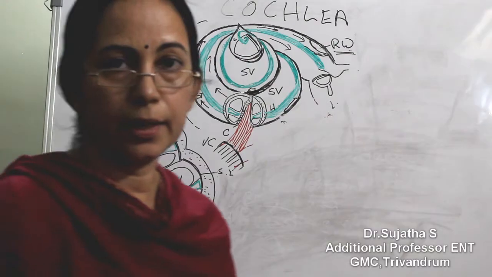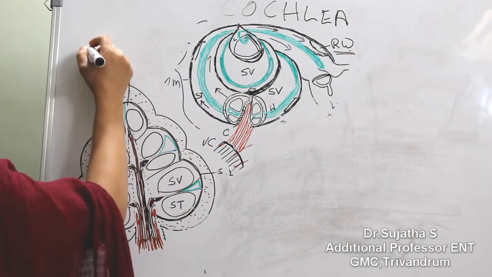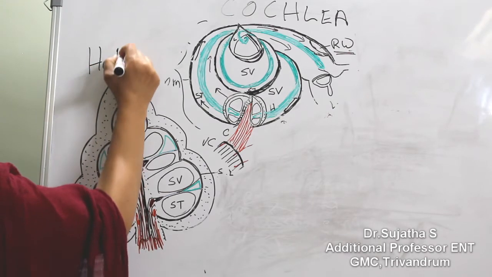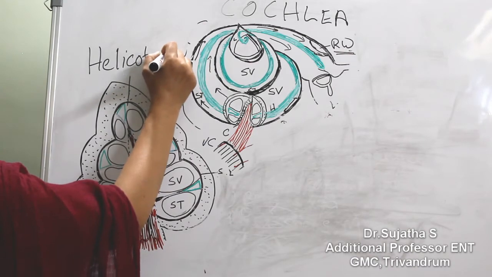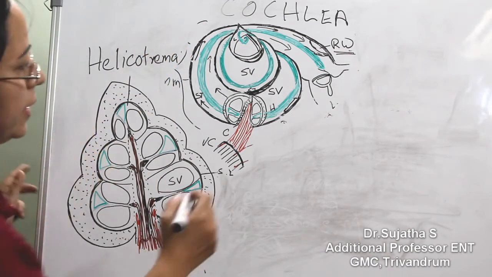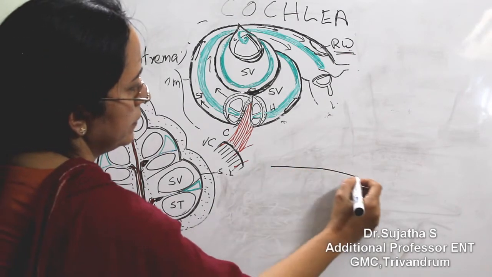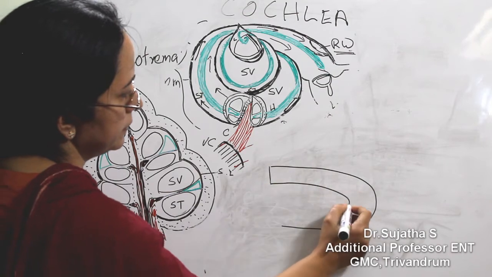Another term is helicotrema. What is that? This is the point through which Scala tympani and Scala vestibuli communicate with each other.